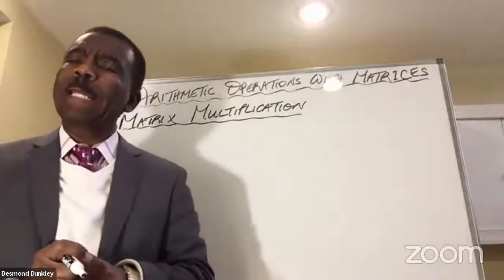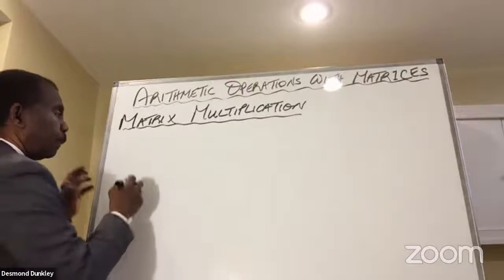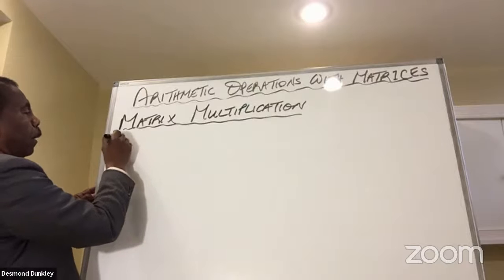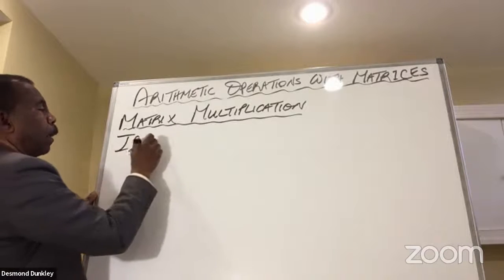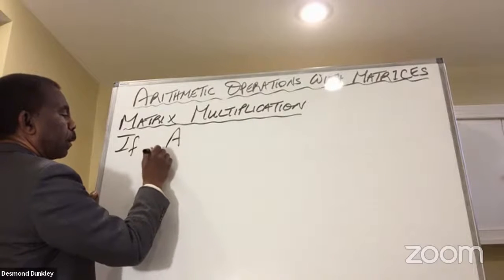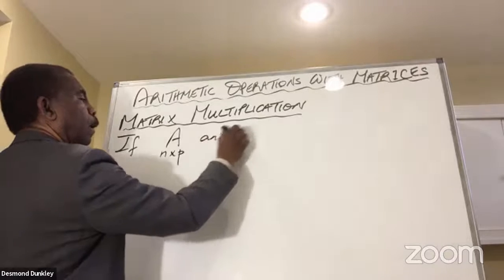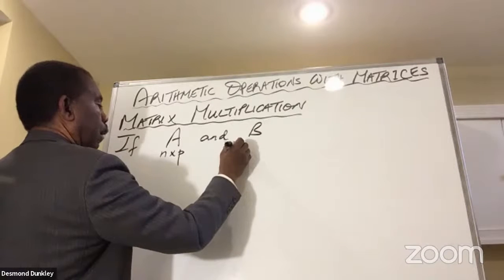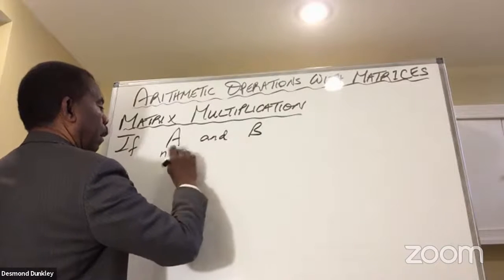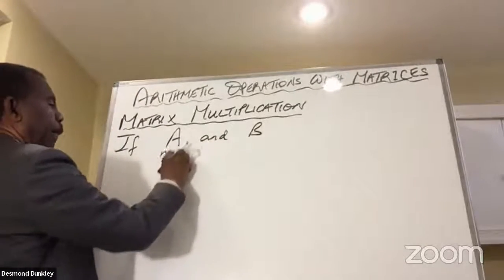I'm going to do this by demonstrating, okay? So, if A, which is a, let's use n by m.